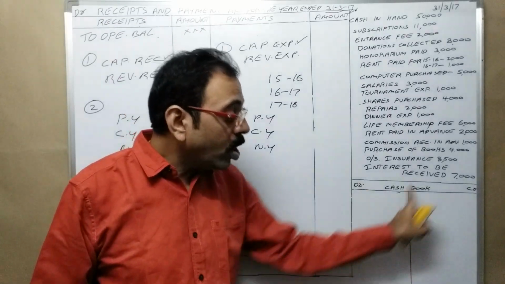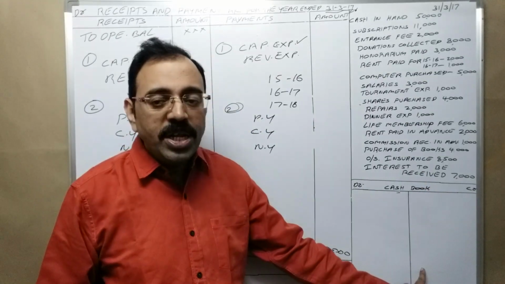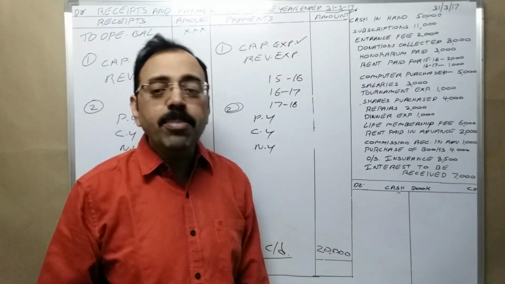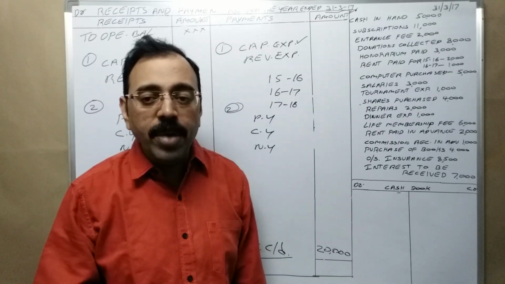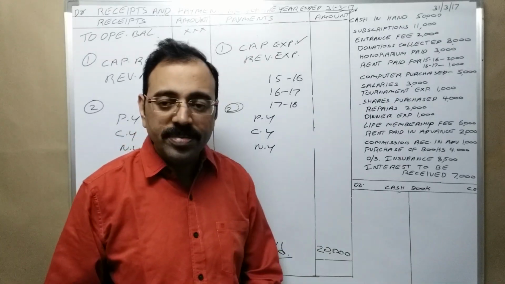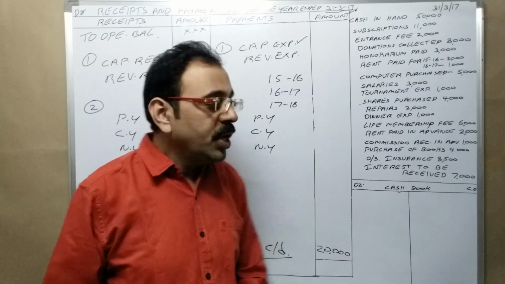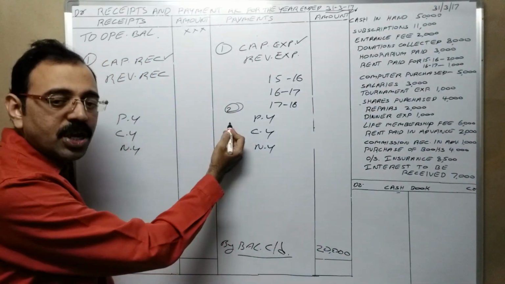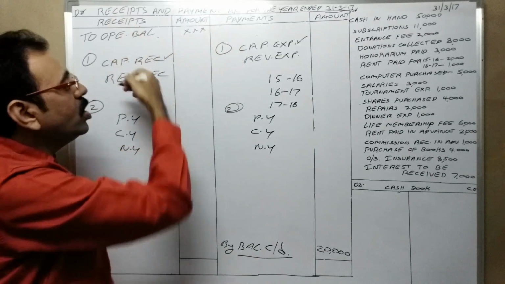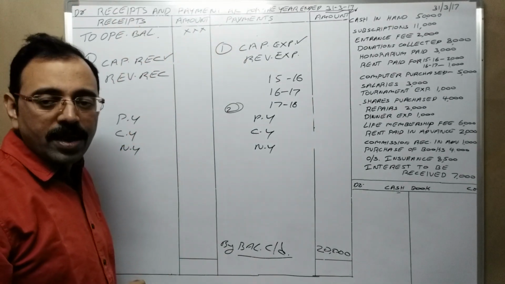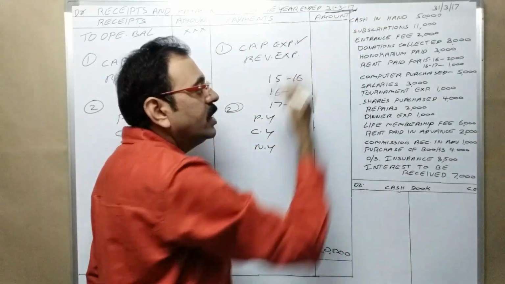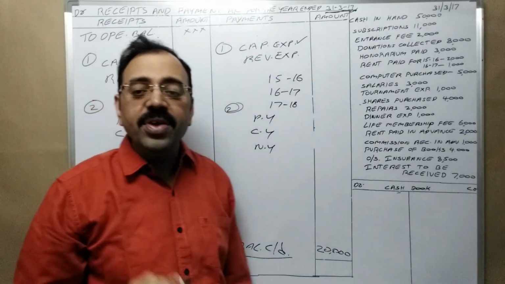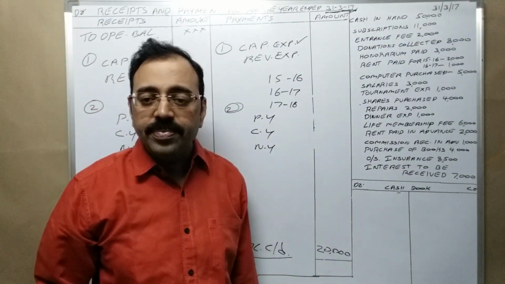We have date columns here, which means on a daily basis we are entering receipts and payments in the cash book. But if you see the receipts and payments account, is there any date column? No. The receipts and payments account is prepared at the end of the current year.